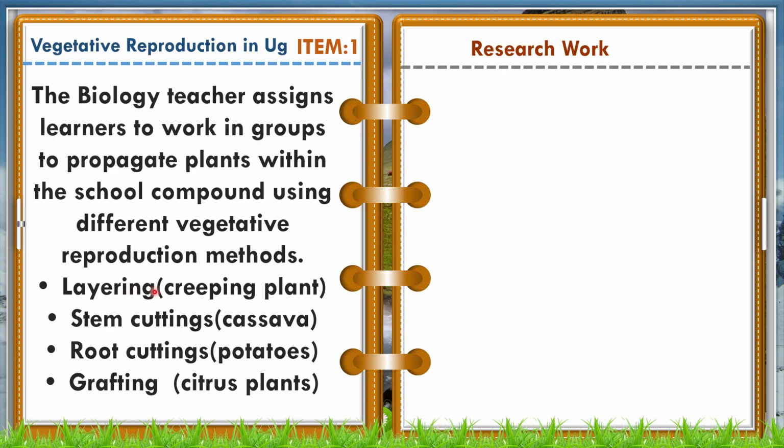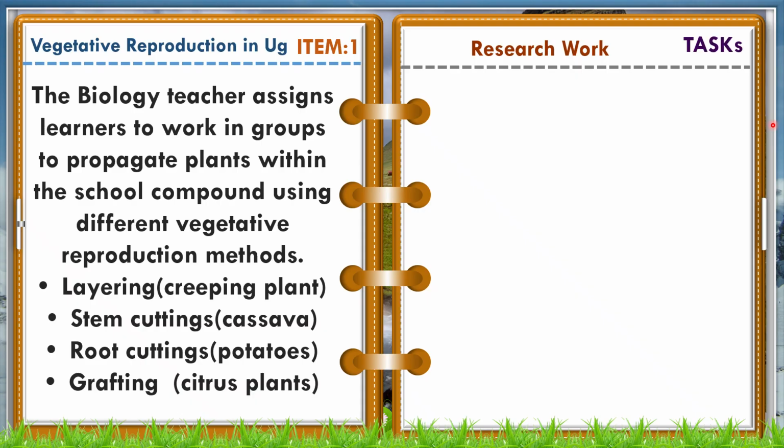Layering, like creeping plants. Stem cutting, can use cassava. Root cuttings, can use potatoes. Grafting, can use citrus plants.